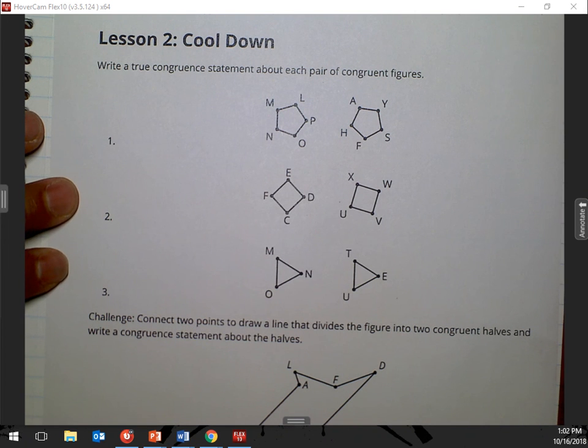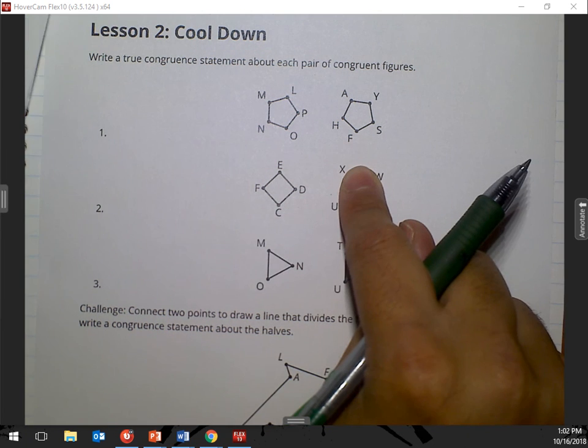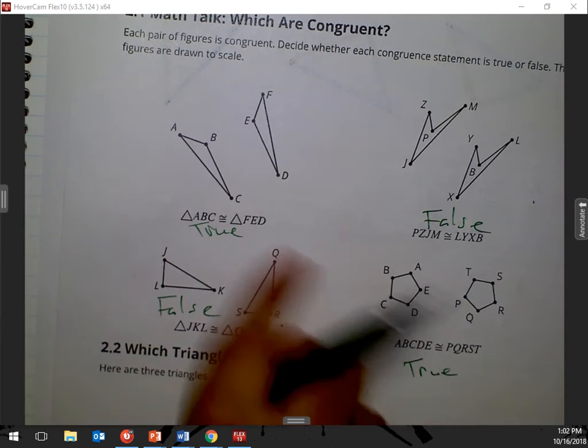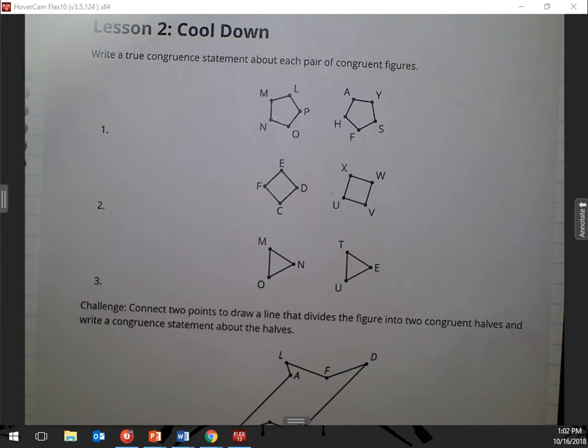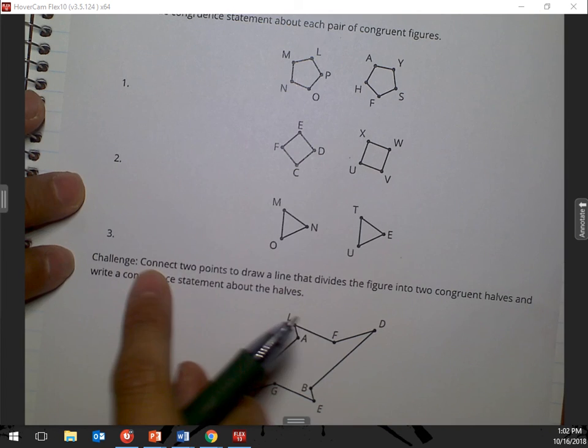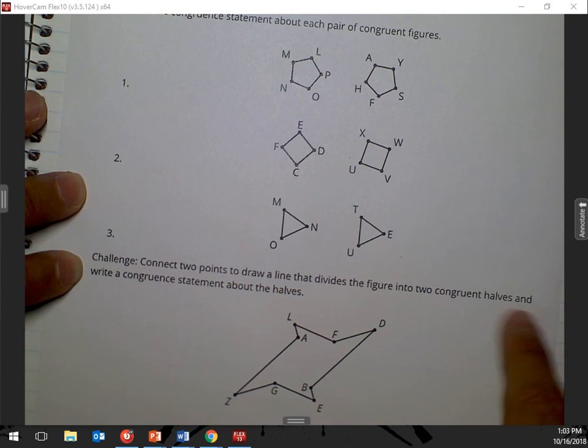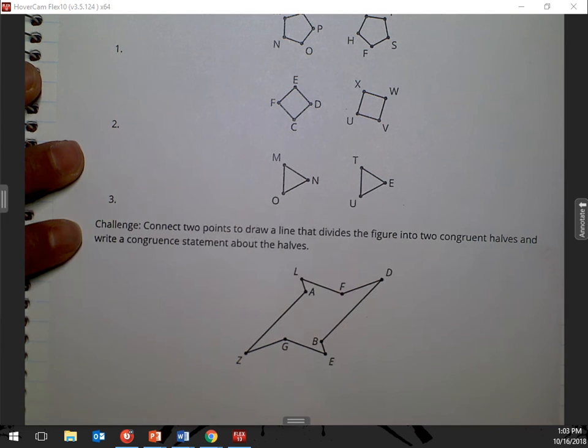Write a true congruent statement about each pair of congruent figures. So you're writing a statement just like these. And you're going to connect 2 points to draw a line that divides the figure into 2 congruent halves and write a congruent statement for that. Use your patty paper for this one.